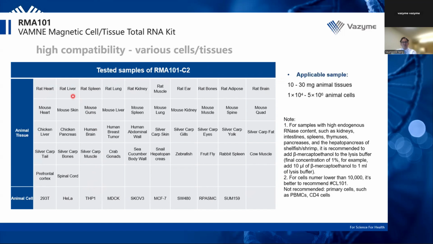And it's also compatible with tumor tissues like human breast cancers and triple negative breast cancers, and also leukemias, etc. And the kit is suitable for 10 to 30 grams of animal tissues, or from 10 to the 4th to 5 times 10 to the 6th cells.